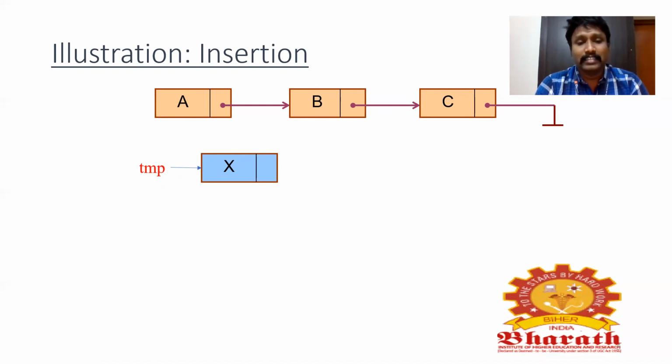The new node will be giving its address to B, so that a link will be created between the new node and B. So there are 2 different parts, you must be clear about it: the address is taken by A and the address is given to B.